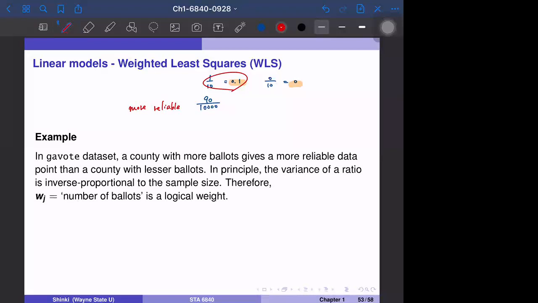This is a typical case, and in statistics, in principle, the variance of a ratio, which is an estimate for some proportion, for example the percentage of undercount, is inversely proportional to the sample size.